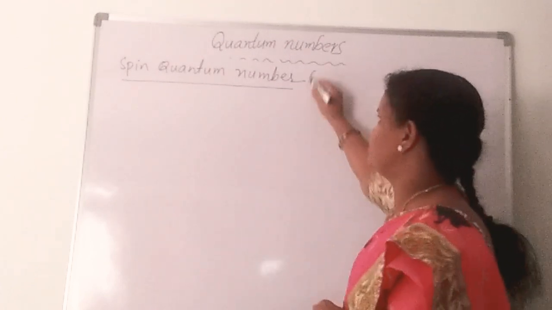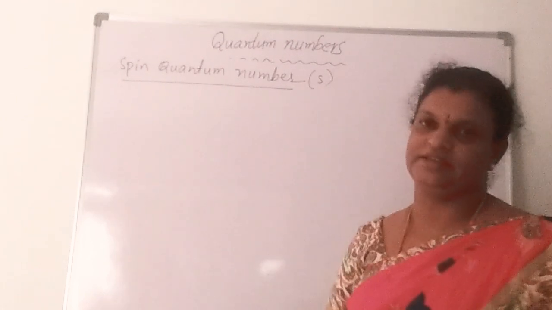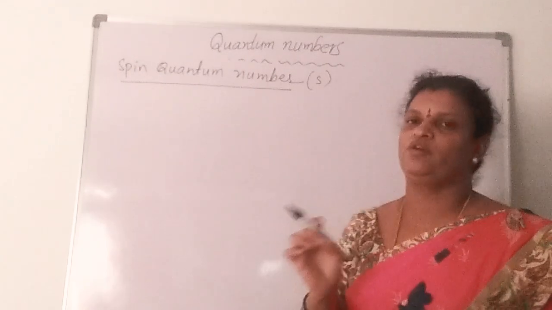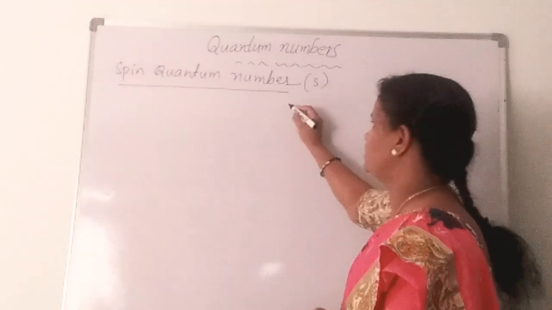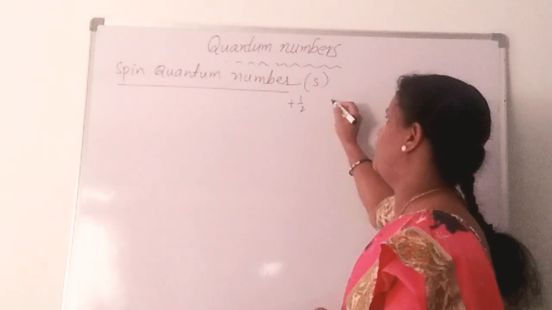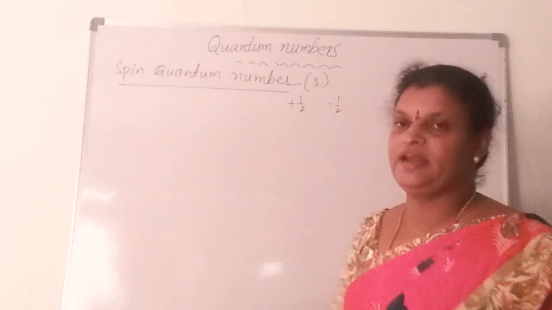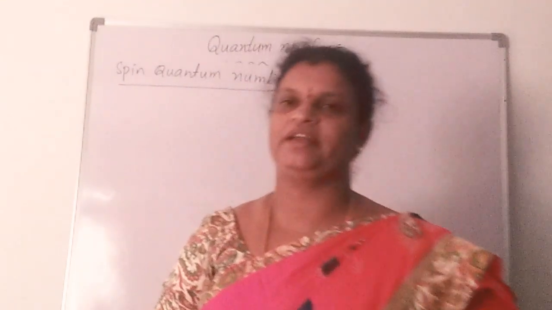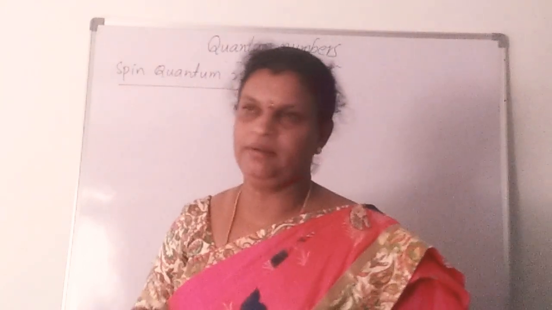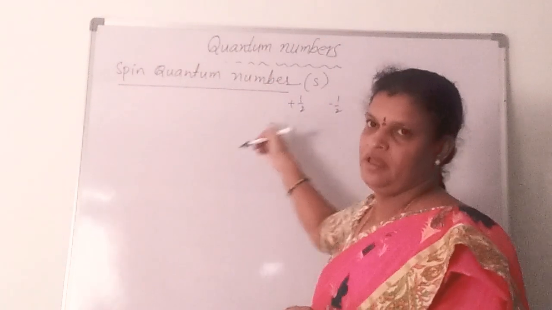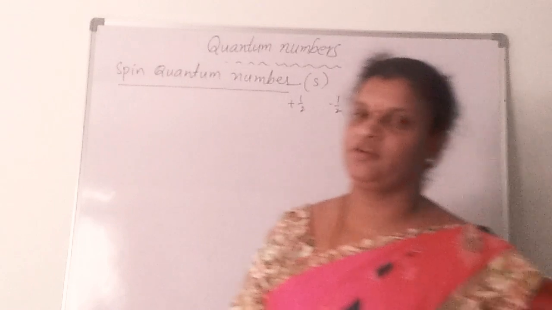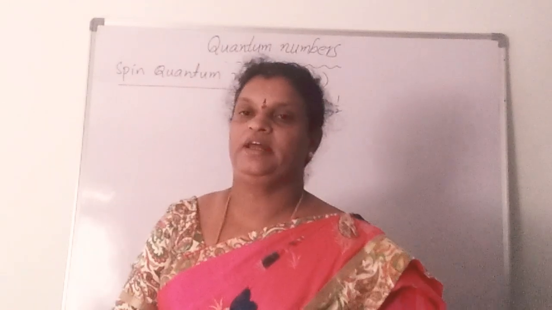Here we are going to give a symbol for this, s. This s will have only two values, either plus half or minus half. If the electron is rotating clockwise, an up arrow is written as the symbol, or plus half. And minus half is the value we give when the electron is rotating anti-clockwise.